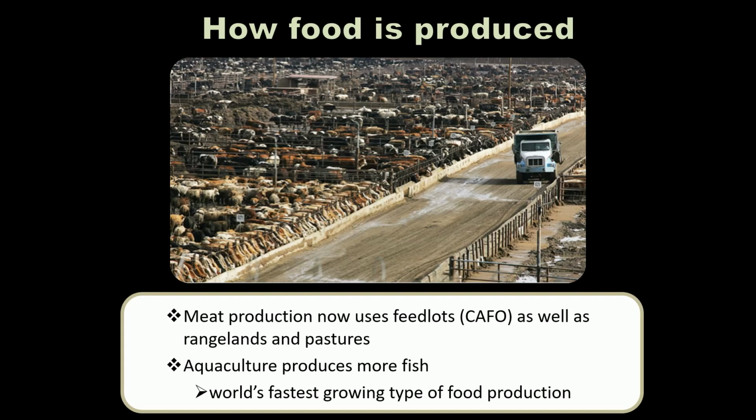So even though it's in the atmosphere in much smaller amounts, every molecule of methane is worth about 24 molecules of CO2. And a lot of the human contribution of methane, in addition to the burning of fossil fuels and natural gas, which is mostly methane, comes from these concentrated animal feeding organizations.